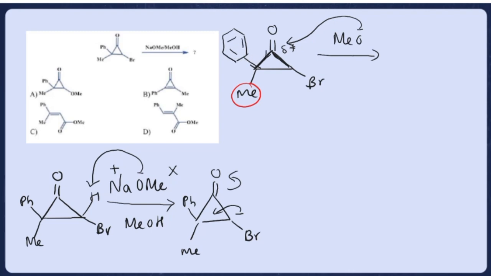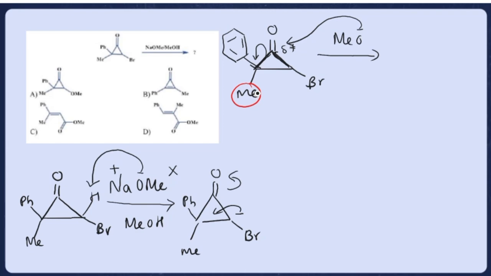If there is anion formation on the carbon here, then it will withdraw electrons so that it will stabilize it. Let me repeat this. When the methoxide attacks this carbonyl carbon, if the ring opens here, the carbon here will become a carbanion, which in turn is stabilized by benzene.